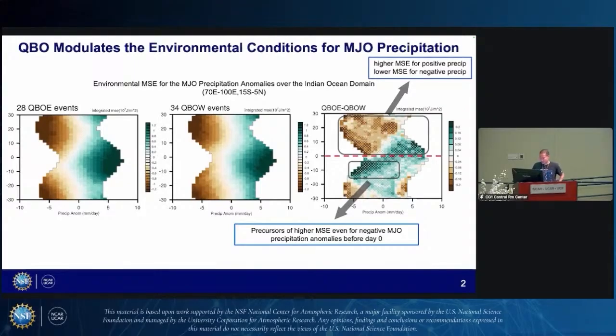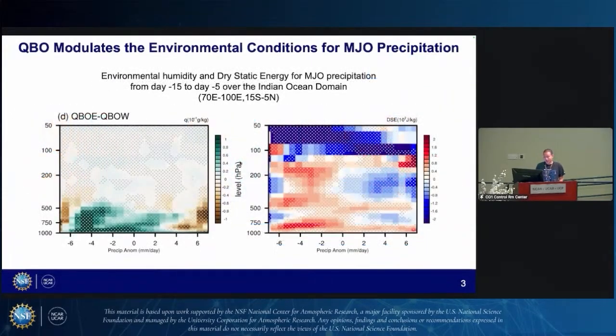The question is, what is really going on in these preceding days of the MJO active convection? To investigate that, we did another composite analysis, but for the moisture anomaly and dry static energy anomaly vertical profiles, also binned by different MJO precipitation anomaly values for day -15 to -5, where this higher MSE anomaly happens.